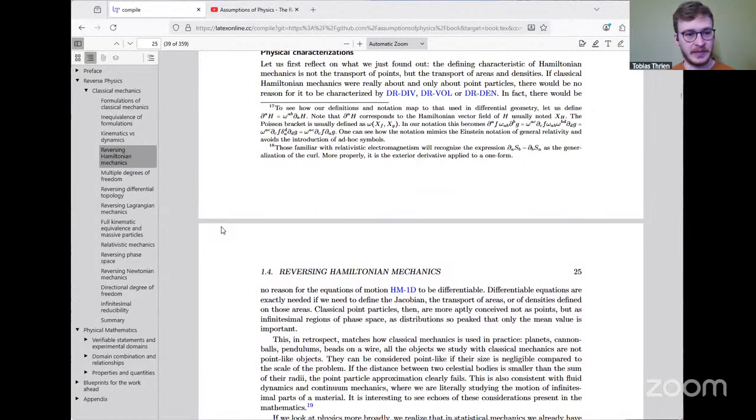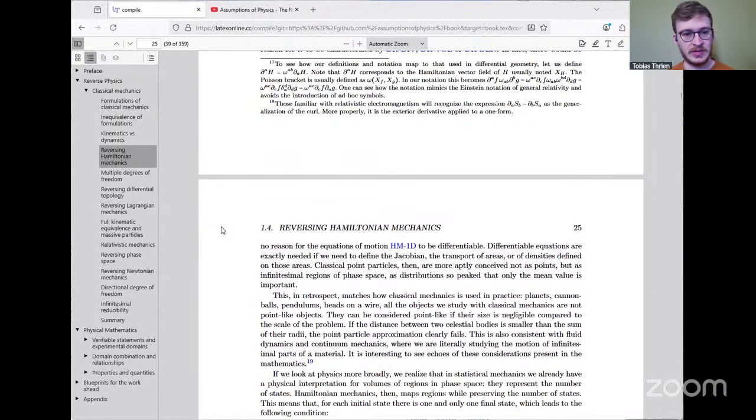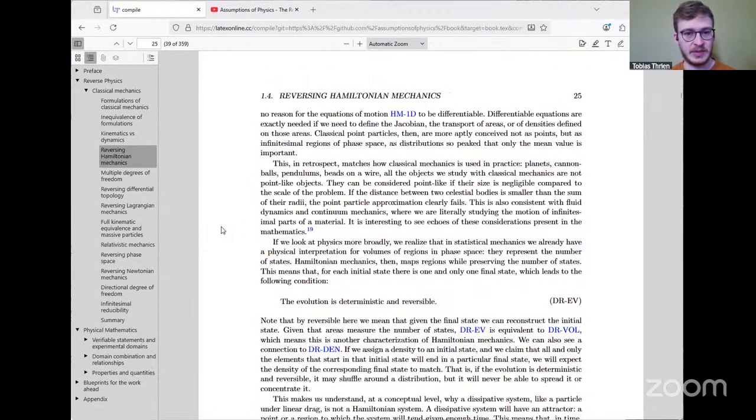In fact, there would be no reason for the equations of motion to be differentiable. Differentiable equations are exactly needed if we need to define the Jacobian, the transport of areas, or of densities defined on those areas. Classical point particles, then, are more aptly conceived not as points, but as infinitesimal regions of phase space, as distributions so peaked that only the mean value is important.